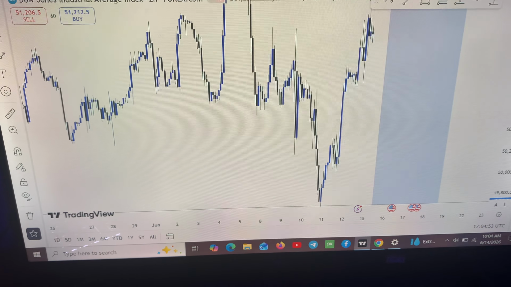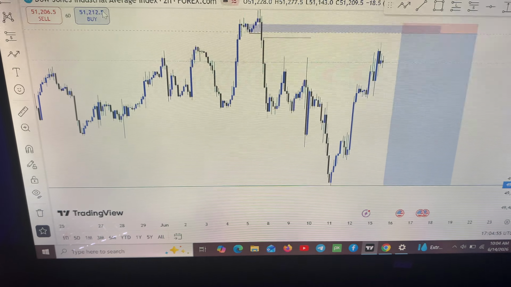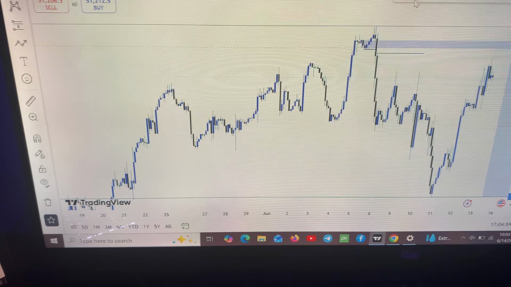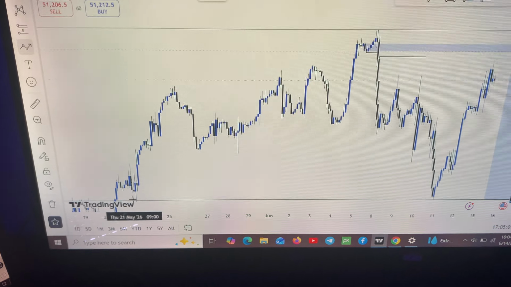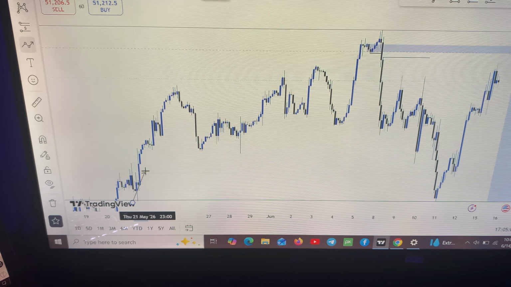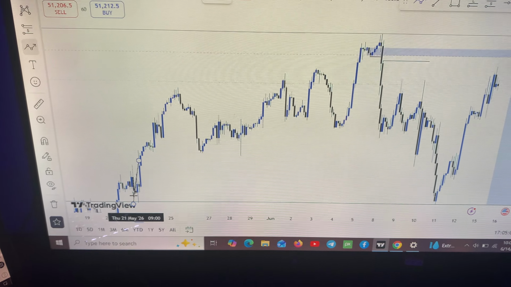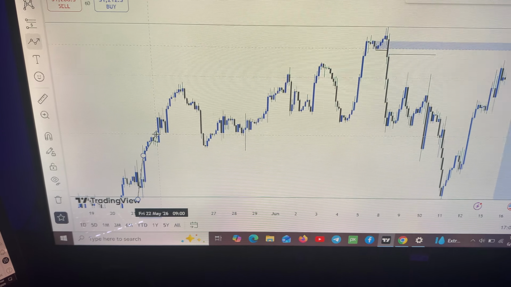So in US30, I saw price giving us a little uptrend from this side, giving us a further higher high, then a higher low, a higher high, then a higher low.